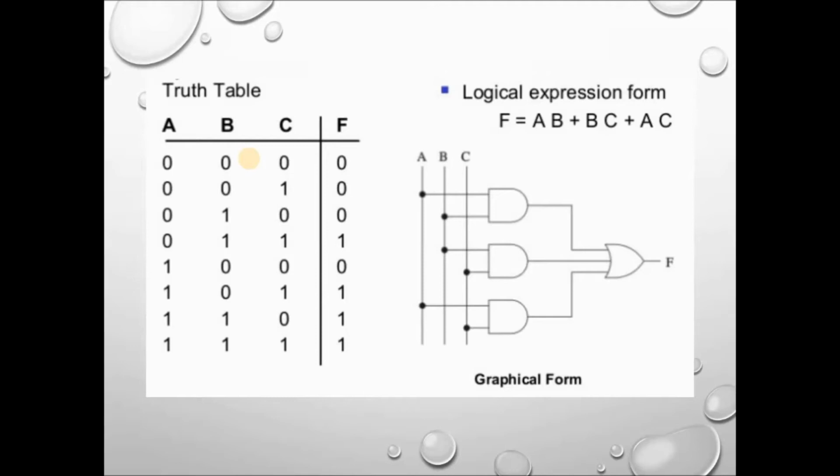If only 2 inputs are there you will get 4 rows. How? See. Sorry. Up to 8 numbers you will get, that means up to 7 you will get. If 3 inputs are there, these are 3 bits actually, 1 2 3. If 2 inputs are there, that is said as 2-bit.